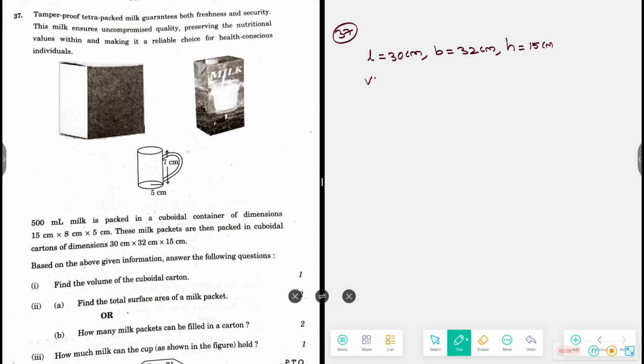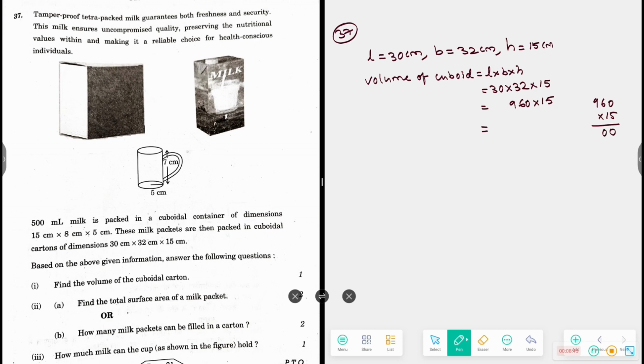So what is the volume of the cuboid? Volume of cuboid is equal to L into B into H. So we have to find 30 into 32 into 15. First 30 into 32, that is 960. Then 960 into 15, we have to multiply again.